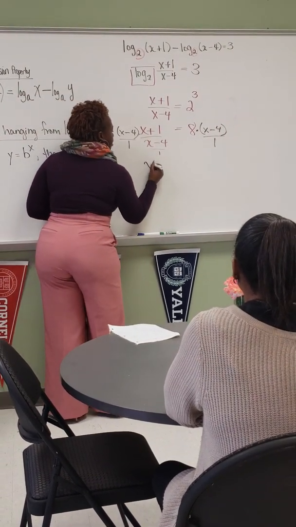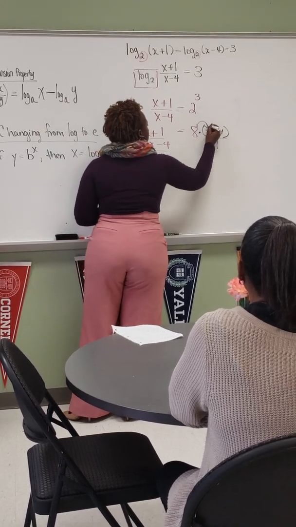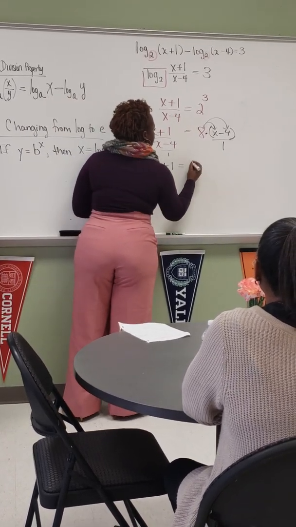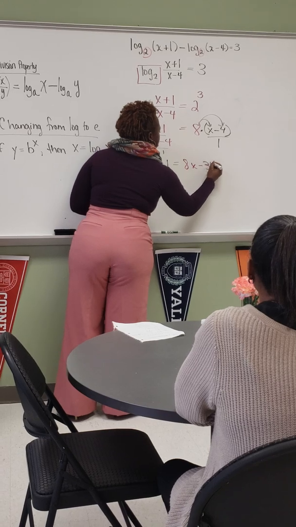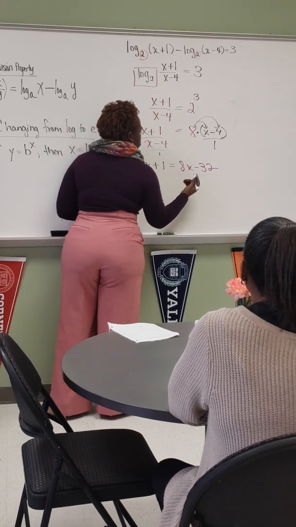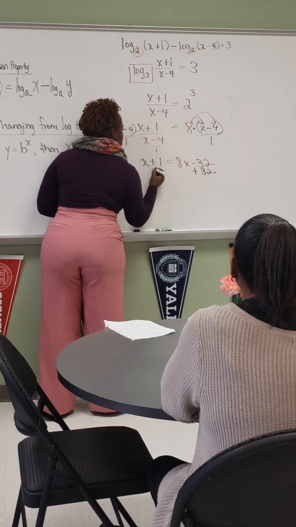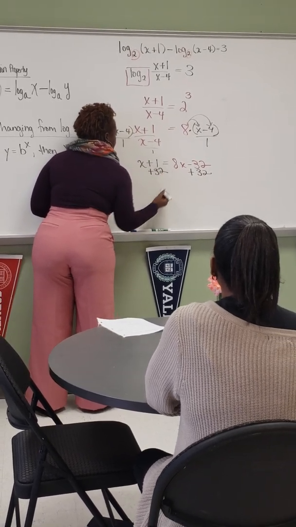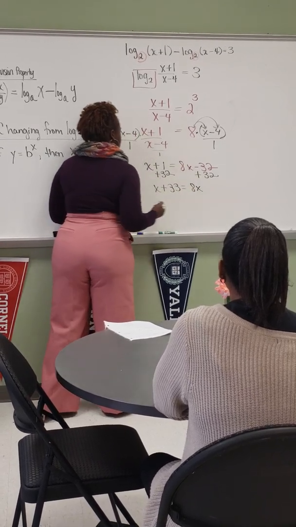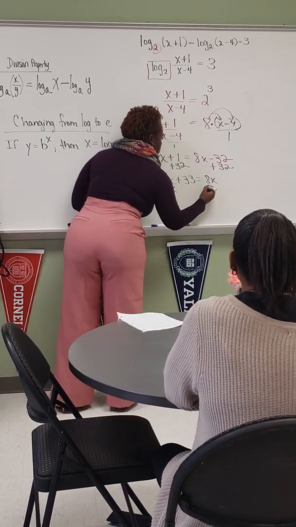This becomes just x plus 1 here. And then we want to distribute our 8 to both sides there. So that becomes 8x minus 32. Then we can choose which one we want to move. I'm going to move my 32 over here, and then I'm going to move the x over here, which gives me 33 equals 7x.